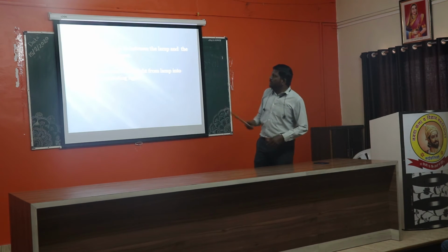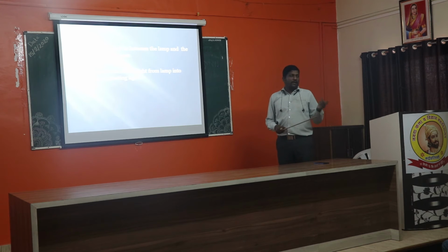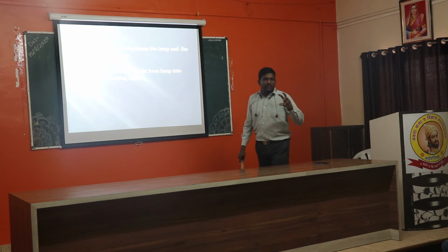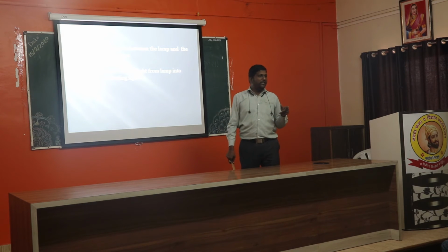Then the chopper. In our instrumentation part, we have seen that after the radiation source there is a chopper. What is the role of the chopper? A rotating wheel placed in between the lamp and flame is known as a chopper. Very simple, there is a wheel which is rotating.